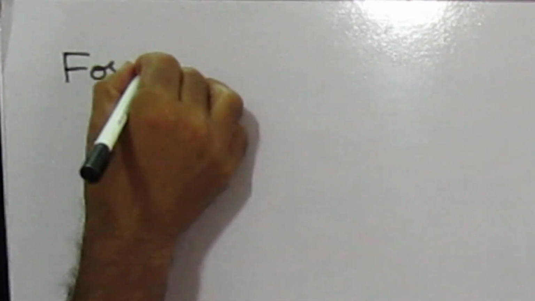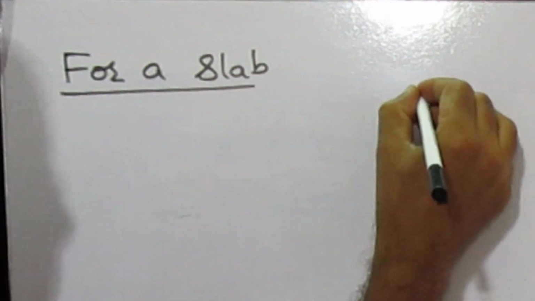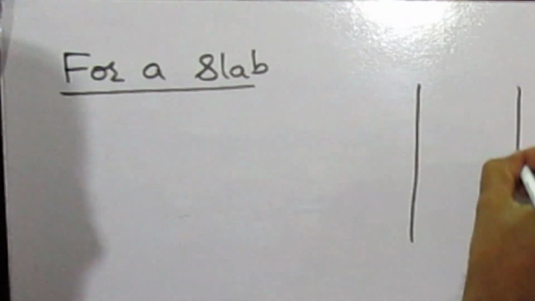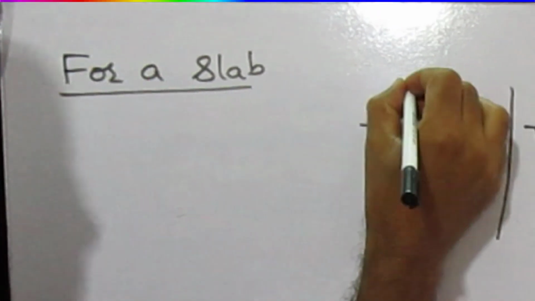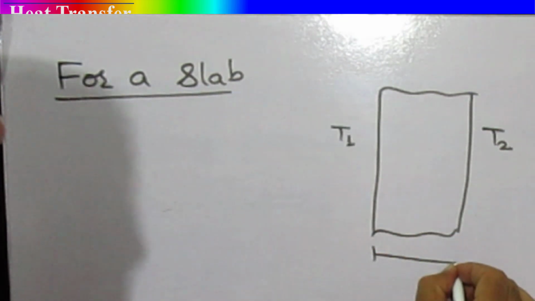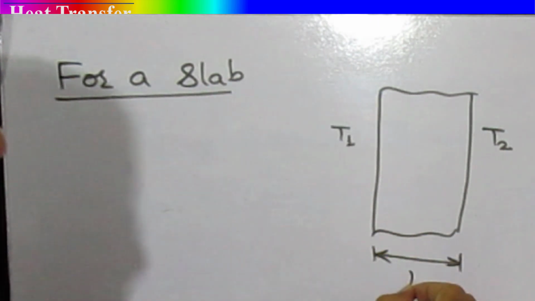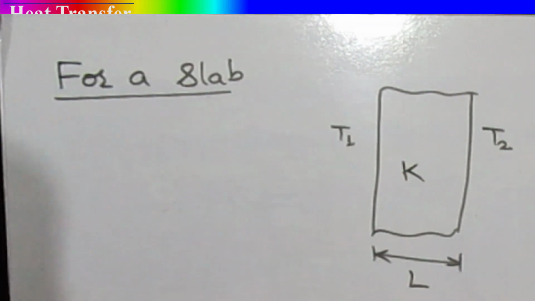For a slab, one side temperature T1, other side temperature T2. The thickness of this slab is L and conductivity K is constant.